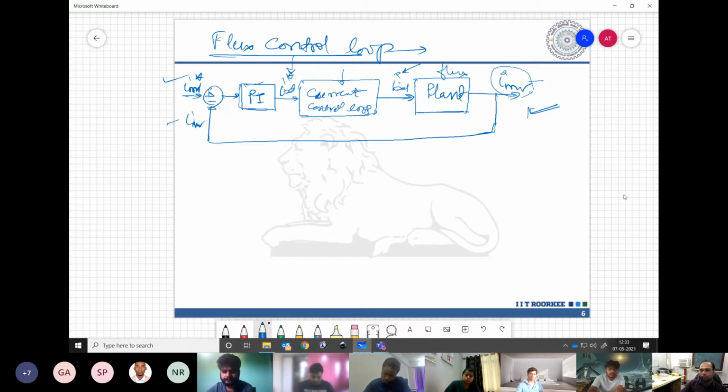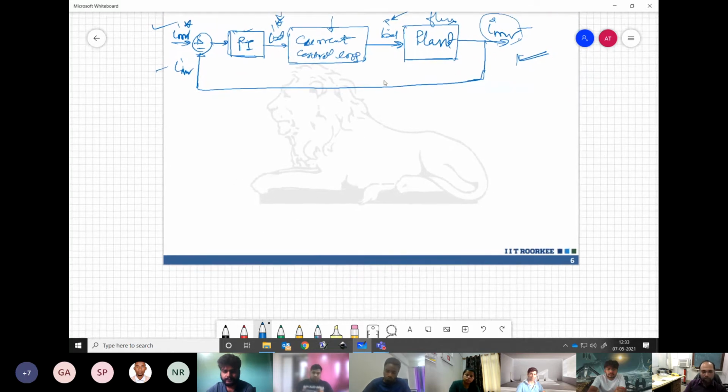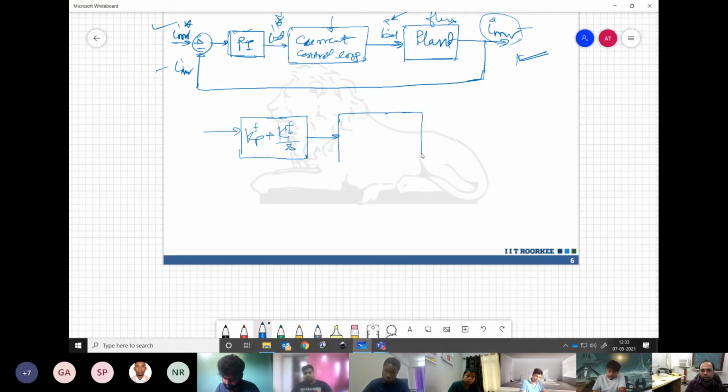Now what is our PI? How do we model this here? The same way. KP, and for some understanding I will put F for flux. So KPF, KIF, because this KP, KI corresponds to flux. Then we have the current control loop, and we have seen that it can be written as this after our design is done for the current control loop.